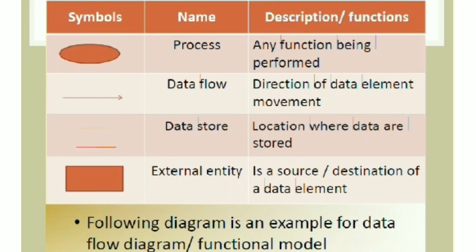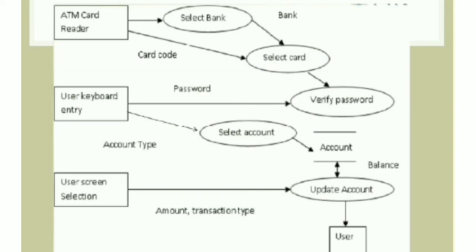A process is shown by a circle or a round shape. Then data flow, that means a flow from one particular phase to another, is shown by an arrow. Then a data store, which is a database, is represented by two horizontal bars, and an external entity is represented by a rectangle. So this is an example of a data flow diagram.